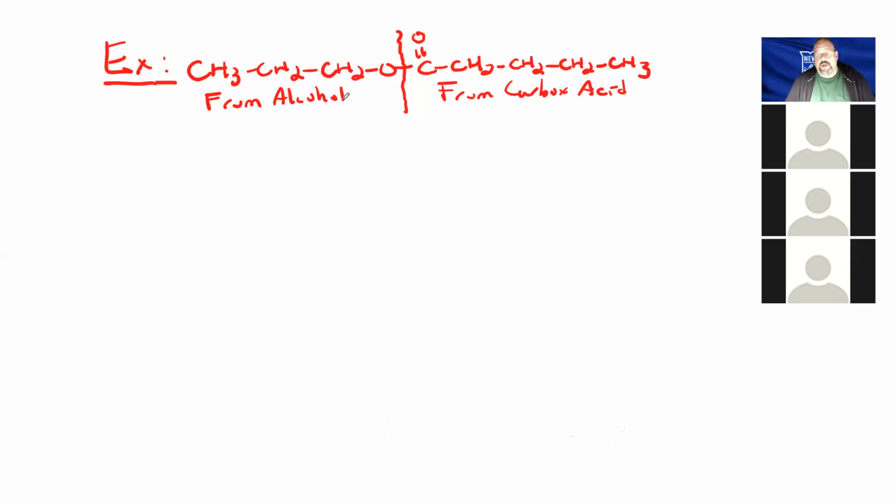So again, the first word is going to be the branch name for the carbon group attached to the alcohol oxygen. So here's your oxygen, CH2, CH2, CH3. What do we call CH2, CH2, CH3 as a branch? That is what is known as propyl. So the first word of this ester would be propyl. Now, if this was a carboxylic acid, CH3, CH2, CH2, CH2, C double bond O, OH, a 5-carbon carboxylic acid would be known as pentanoic acid.